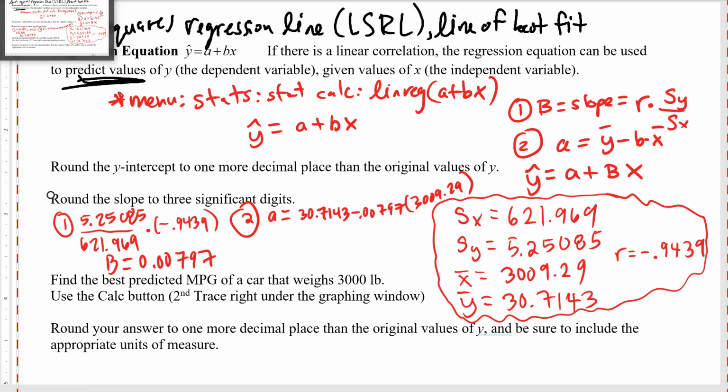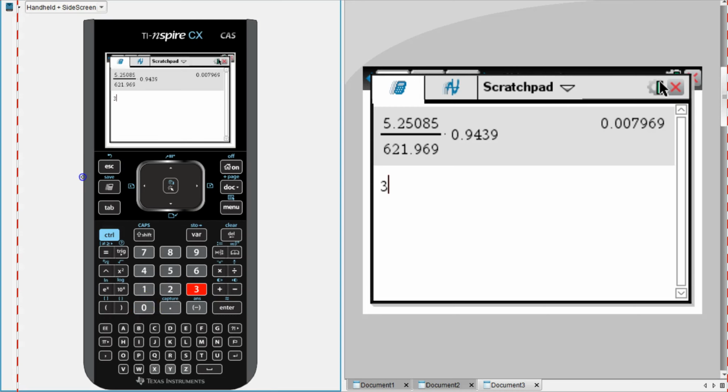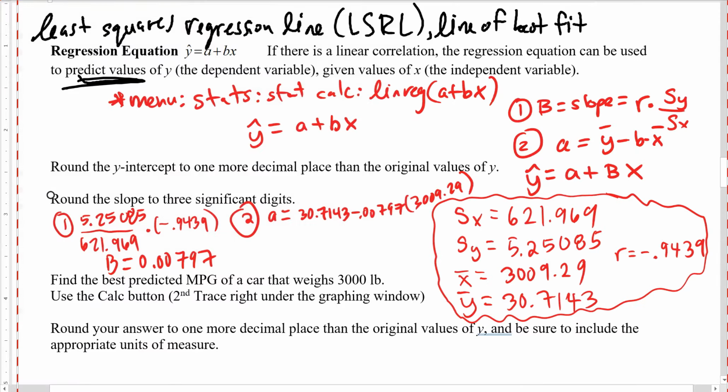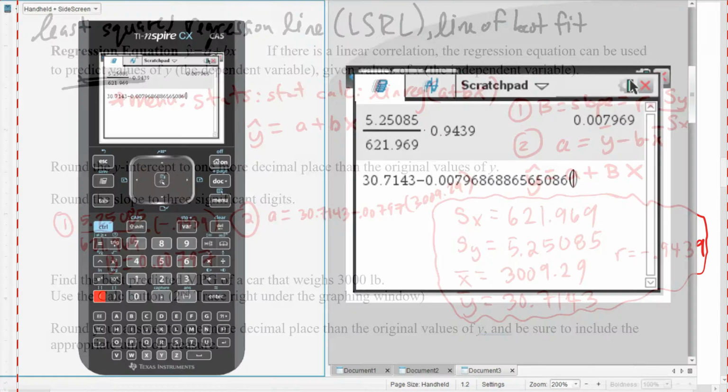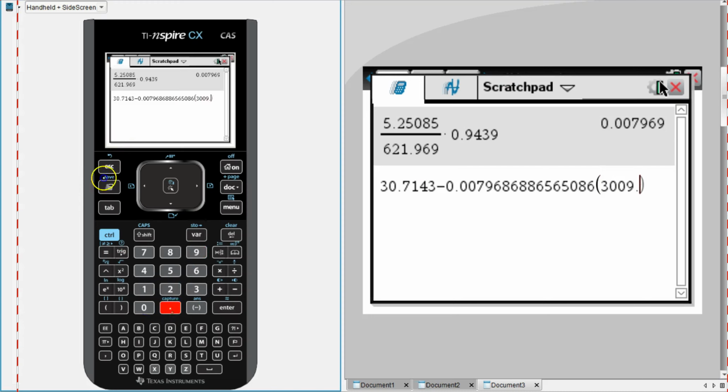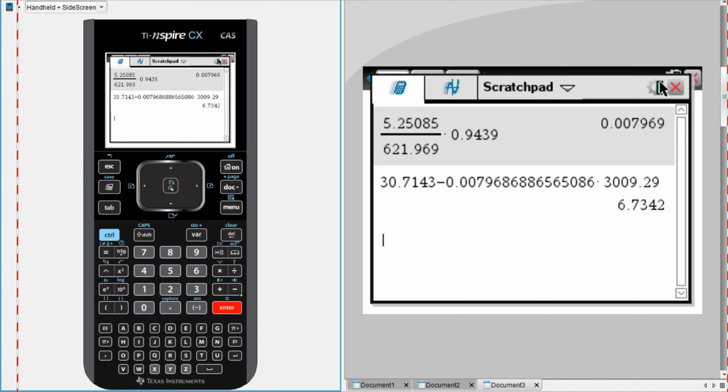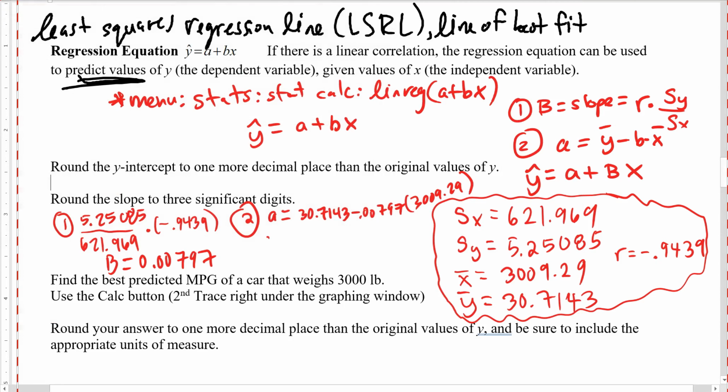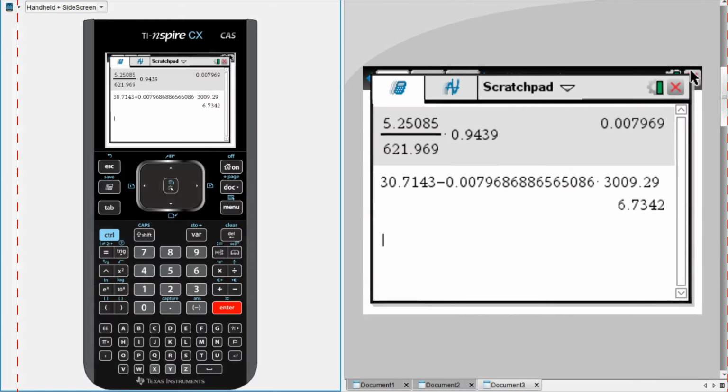So 30.7143 minus the slope, I'll just grab the answer so I have a few more decimals, times 3009.29. So our y-intercept looks like it is 6.7342.